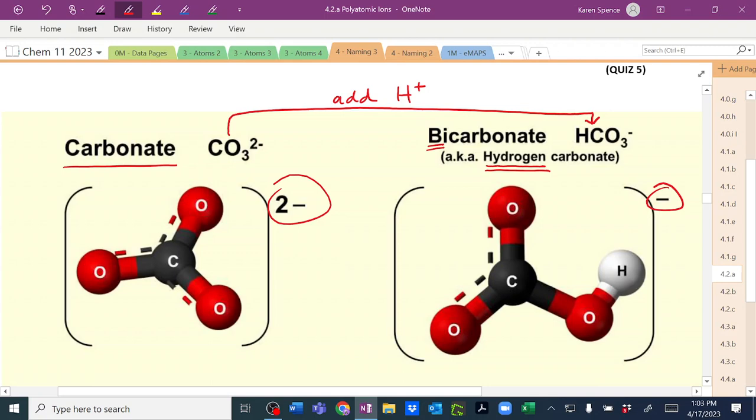I would like you to look on your sheet of polyatomic ions and see if you can find all of your hydrogen ions.